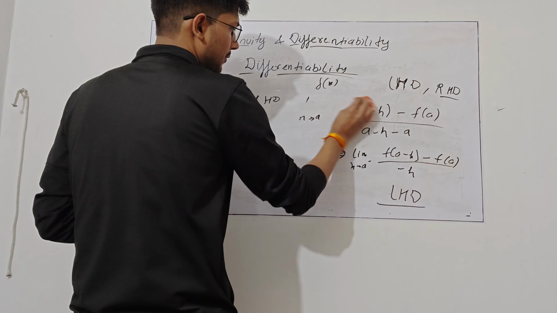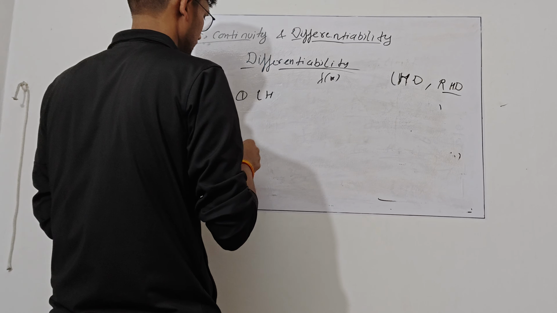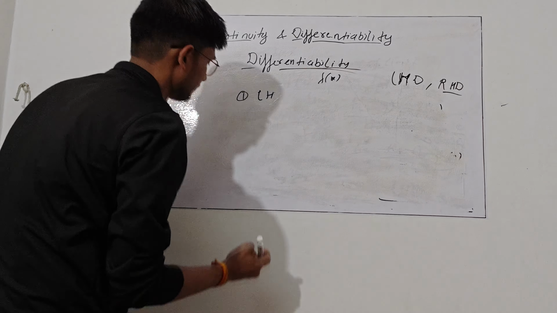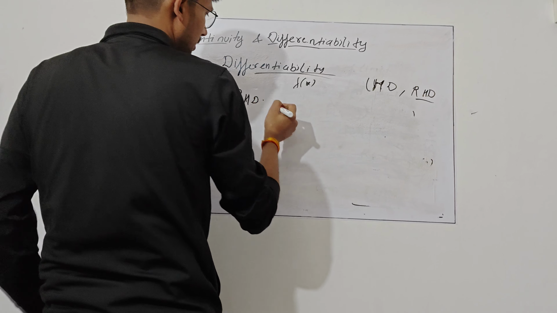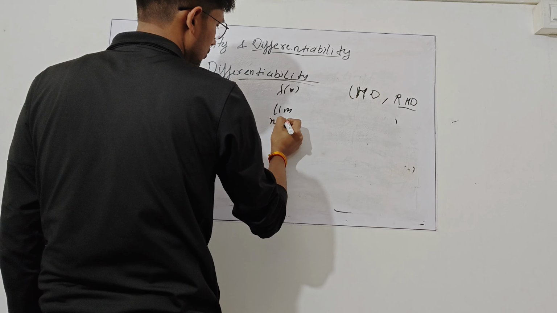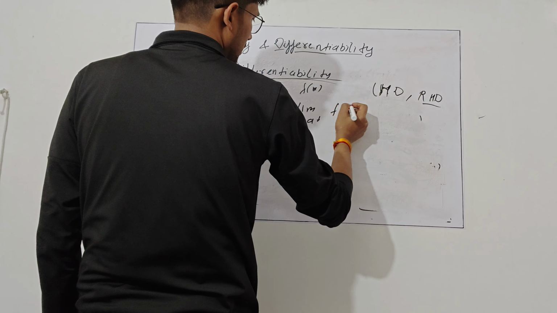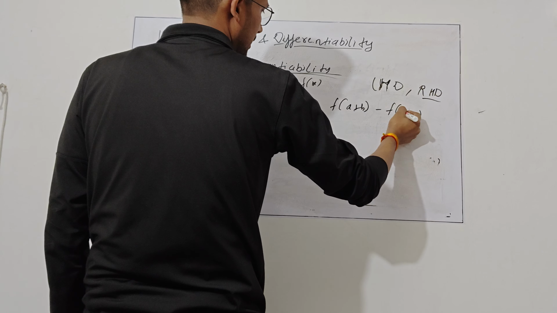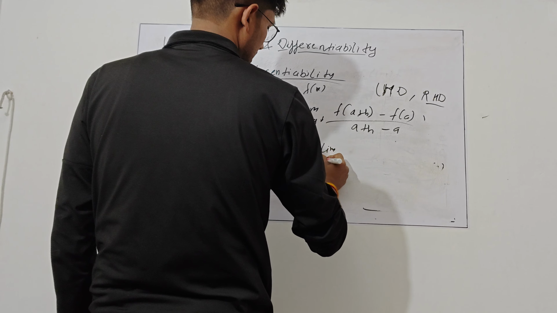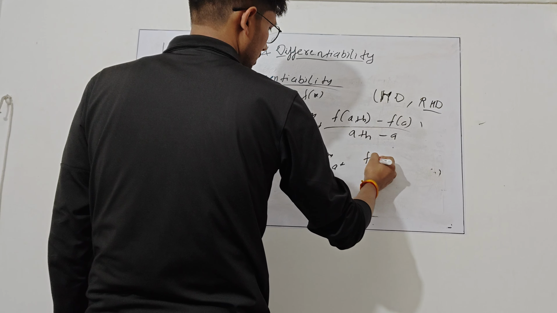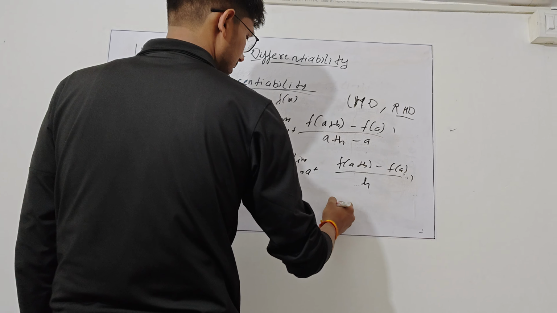And now right hand derivative. On right hand derivative we have x tending to a plus, our function (f of a plus h minus f of a) upon (a plus h minus a). We have x tending to a plus of (f of a plus h minus f of a) upon h. This is RHD.